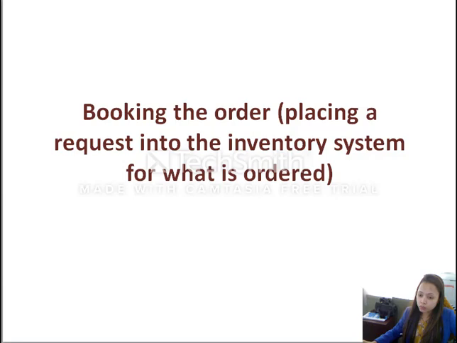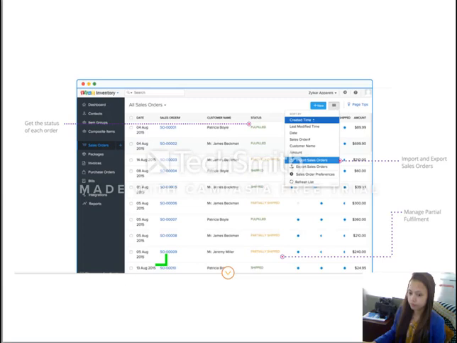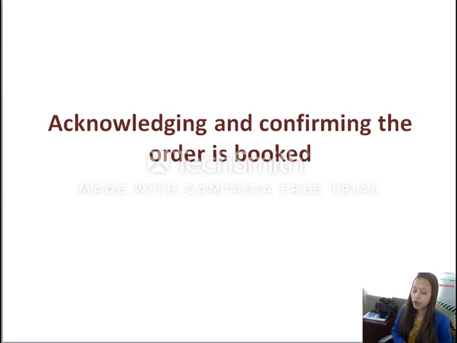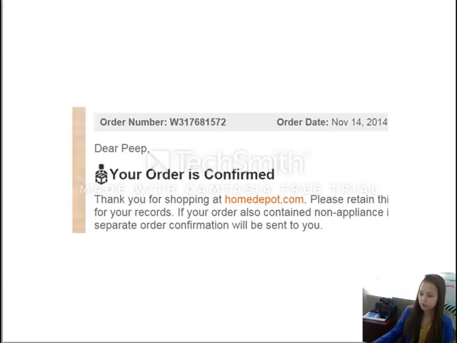Booking the order, placing a request into the inventory system for what is ordered. Acknowledging and confirming the order is booked. Order acknowledgement is a written confirmation that the order is booked or received.